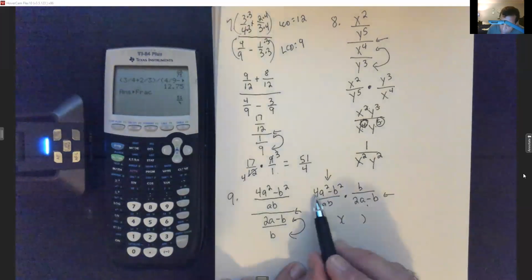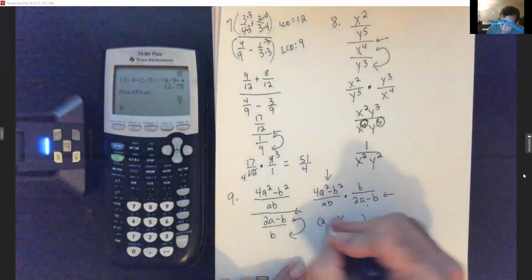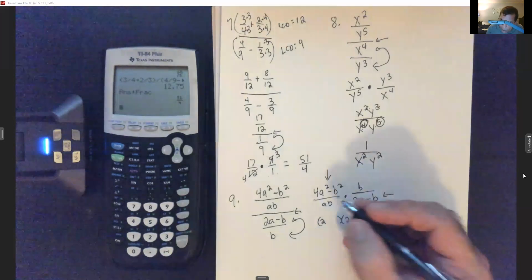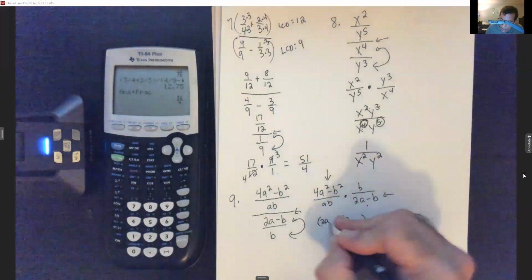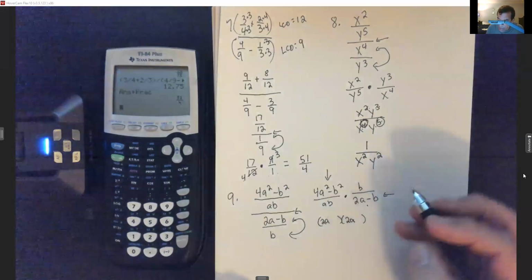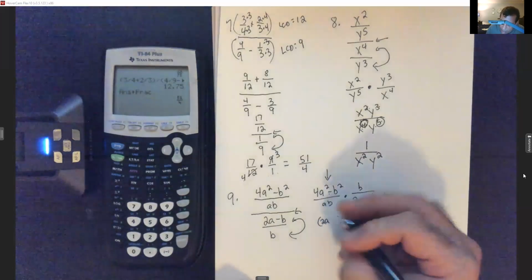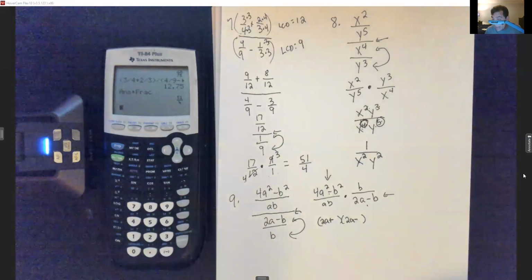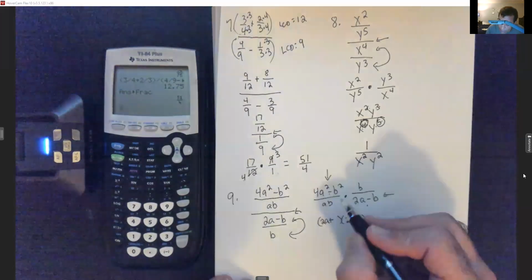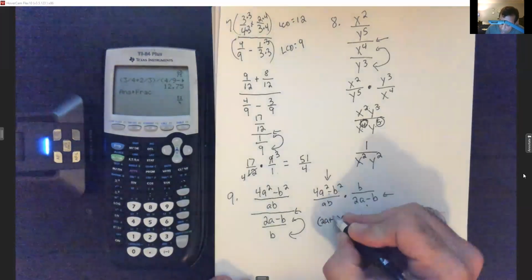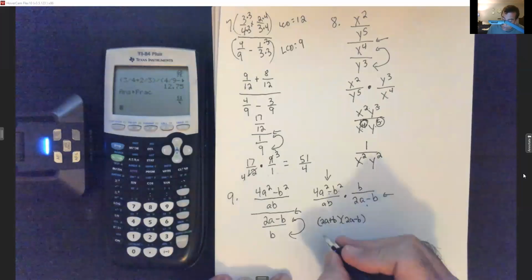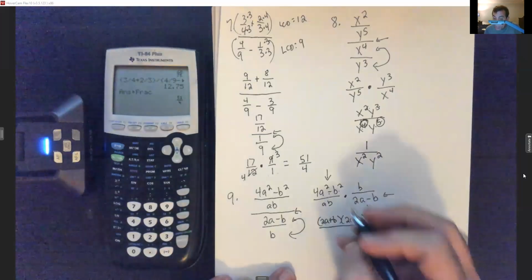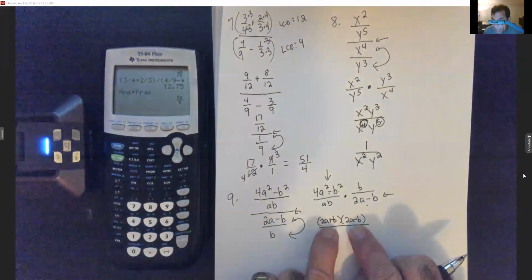The square root of 4 is 2, so both of them get a 2. And then the square root of a squared is an a, so they both get an a. Now, since that's negative, you make one of these positive and one of these negative. That's how you get your unlike signs. And then the square root of b squared would be a b and a b. So when you factor perfect squares, they end up in conjugate pairs, okay?